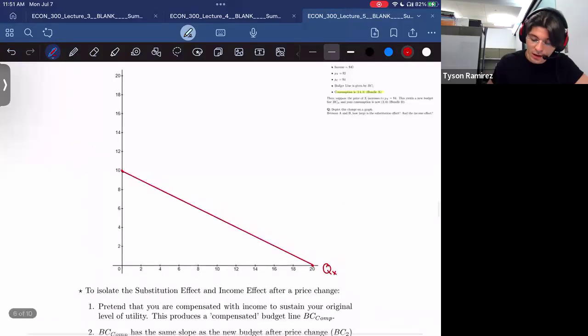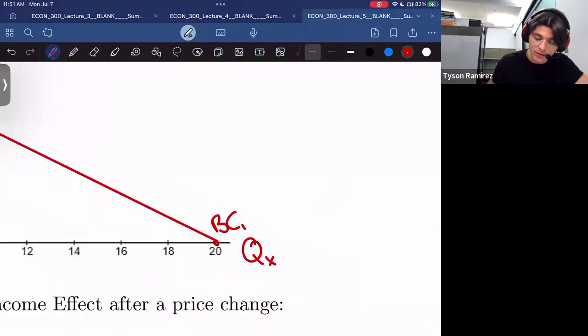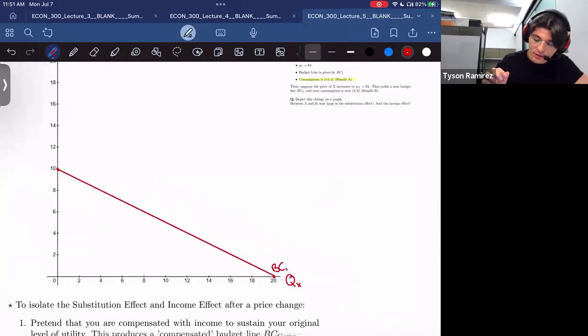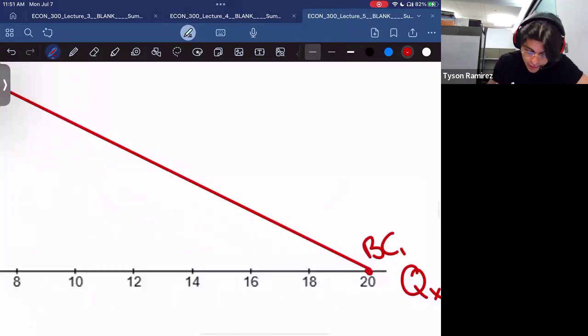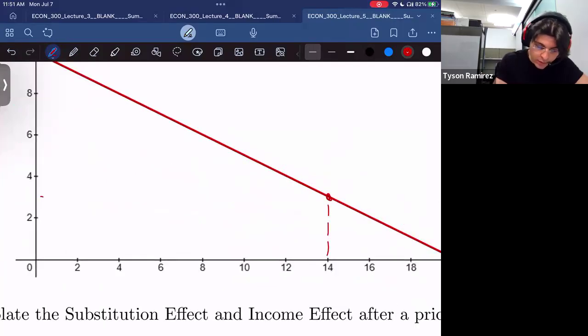This would generate a budget constraint like this, which we want to call BC1. At BC1, the optimal bundle is 14, comma 3. So right here, 14, comma 3.